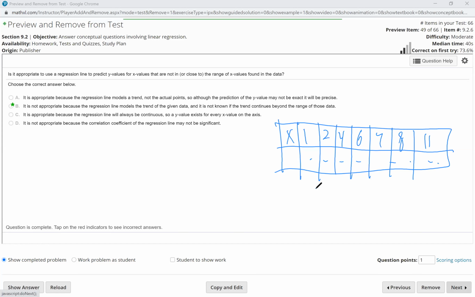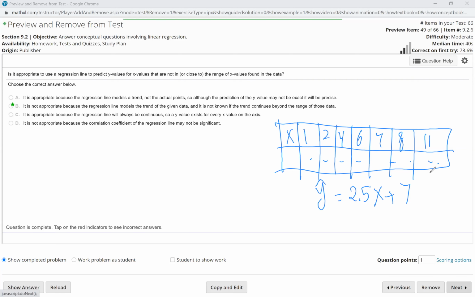And then you found the equation. Let's say the equation was 2.5x plus 7. If I ask to find the Y value when X is 5, feel free, guys, to use the equation. You just put 2.5 times 5 plus 7. But if I ask you to find the Y value when X equals 14, you should tell me that this is not meaningful. You cannot plug it into the equation.